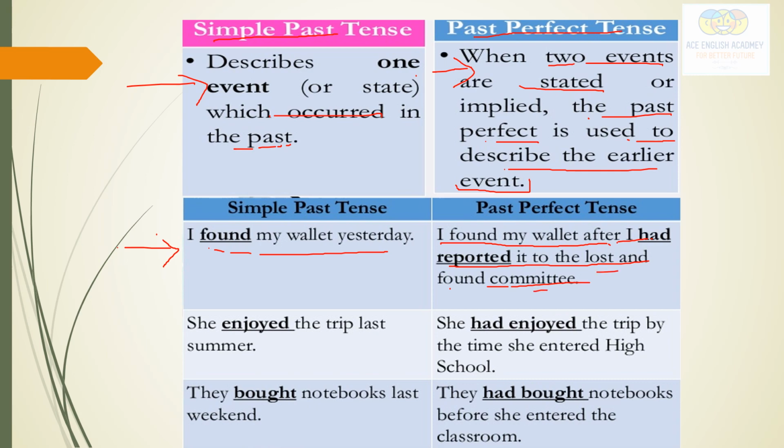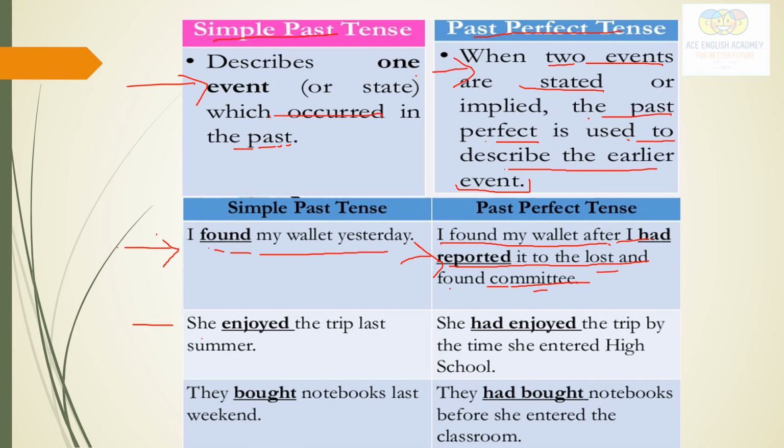So this action happened before he found his wallet. So with the earlier event, what do we use? Past perfect tense.